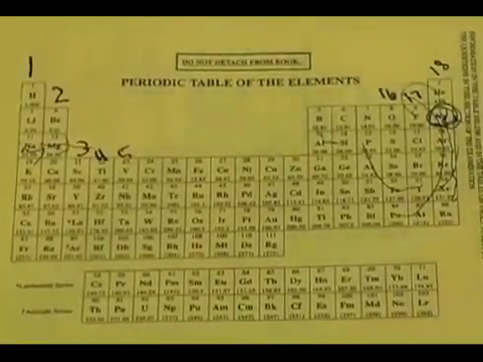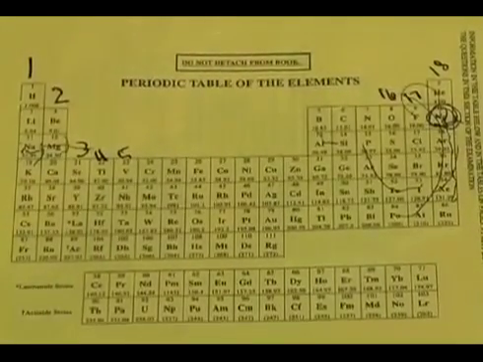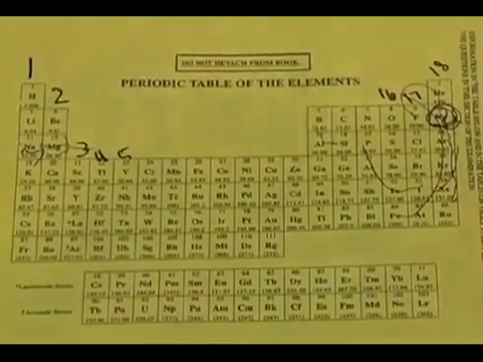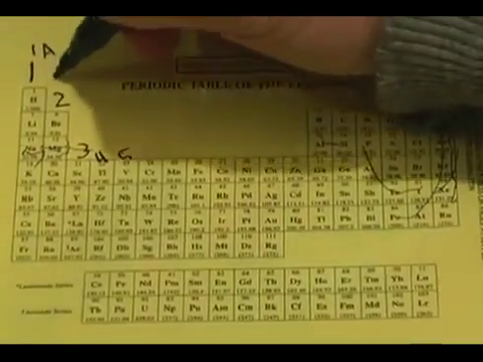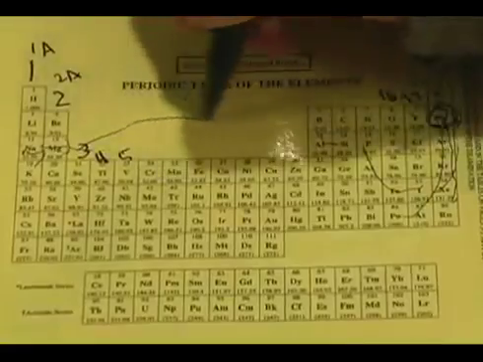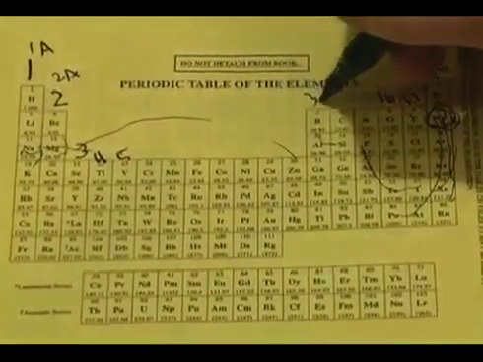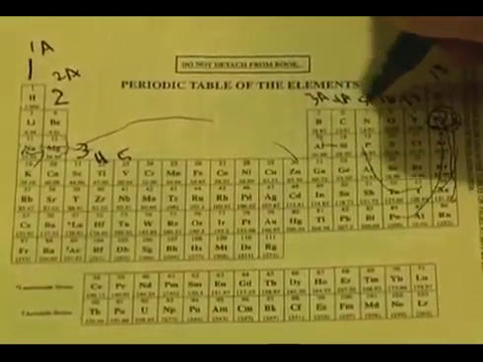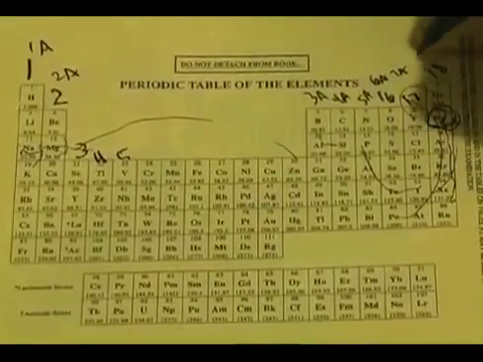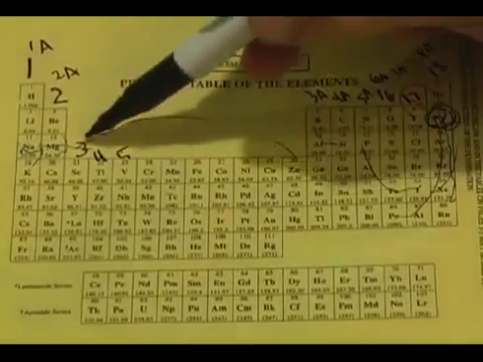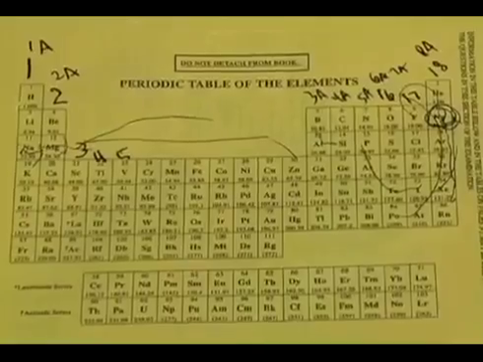That's the easy way to know them. Other periodic tables number their groups as 1A, 2A, skip these, call these 3A, 4A, 5A, 6A, 7A, and 8A, and then come back here and call these the B's.